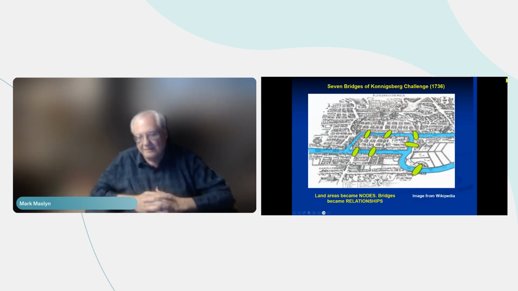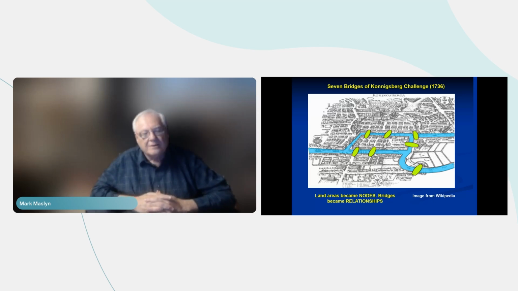And he developed graph theory to solve a problem. The people of Königsberg, which was in Prussia at the time, now I believe it's in part of Poland, but somewhere around the Eastern Europe area.